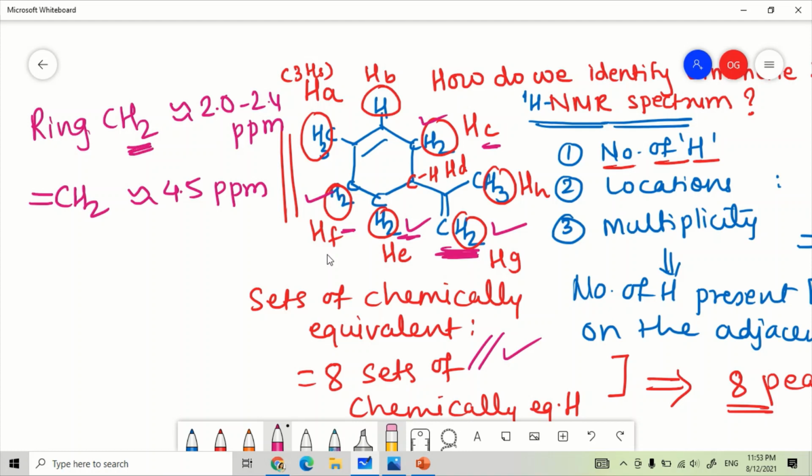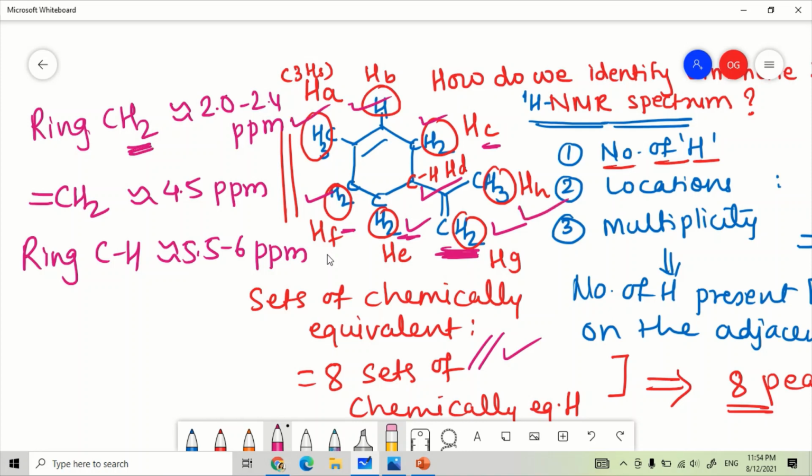Now next is the CH proton. Here also a CH proton is there, here also one hydrogen is there. These are again part of the ring. So the ring CH protons, that is the protons of this cyclohexene ring, will appear around 5.5 to 6 ppm. Then we can see this CH3 over here.